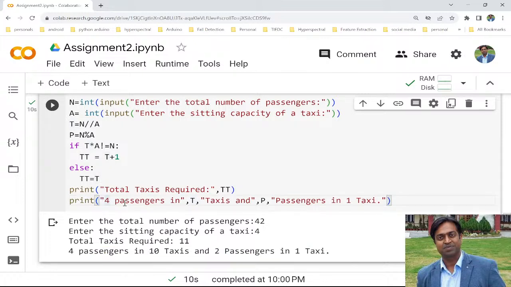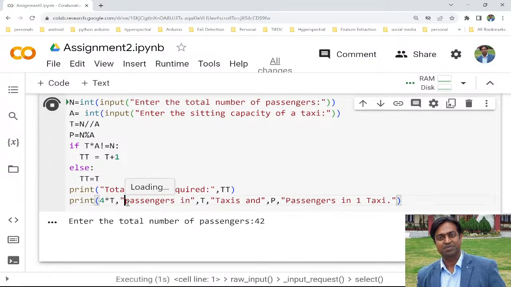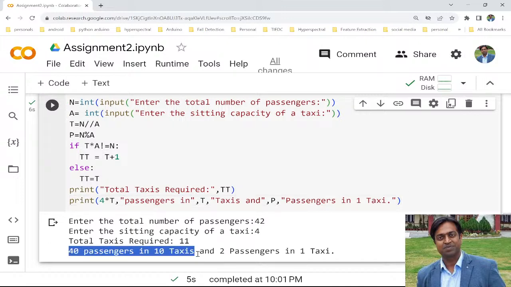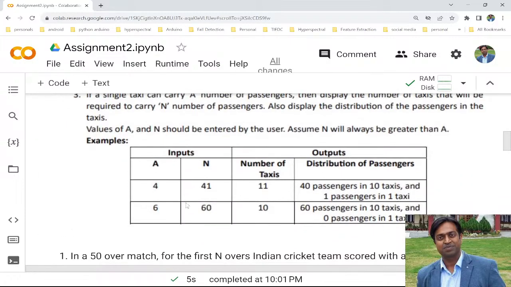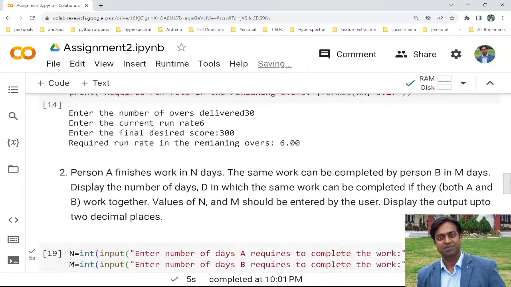Or instead of that, this number we can put as 4 into T. So this is going to return, for 42 and total capacity 4, 40 passengers in 10 taxis and 2 passengers in 1 taxi. So it means we get the desired output. Now let me check the first input: A is 4, N is 41. The answer is 11 taxis required, 40 in 10 taxis and 1 in 1 taxi. So let me enter this, 41 and 4.